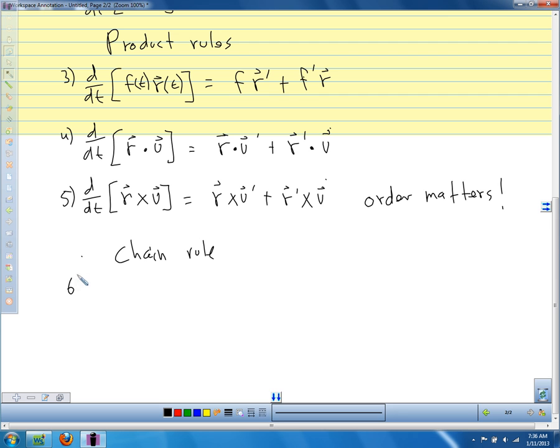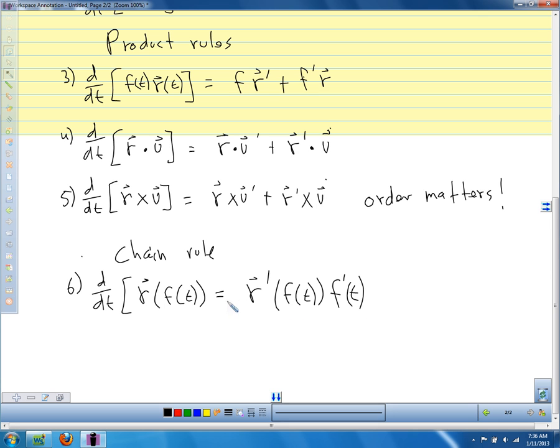So our chain rule is the derivative of r of f of t is r prime of f of t times f prime of t. So this is just our familiar chain rule, but we have our vector valued function.